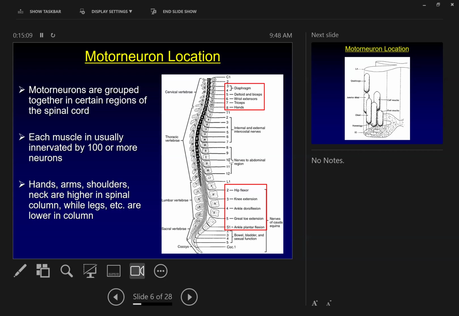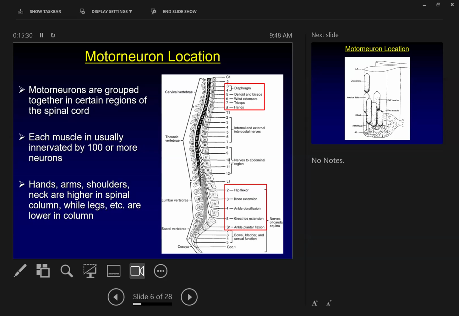You look at all of this: C5, deltoids, biceps, shoulders, wrist extensors, and weirdly, triceps are lower. That's a strange thing. Hand muscles are in the midst of all of that. Those are going to be in the cervical vertebrae. You have almost no motor neurons in the thoracic vertebrae.